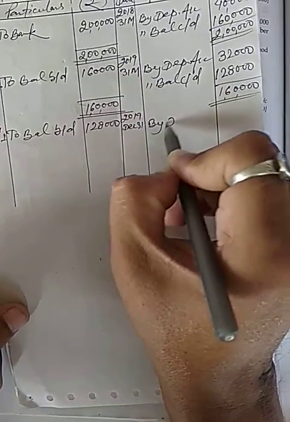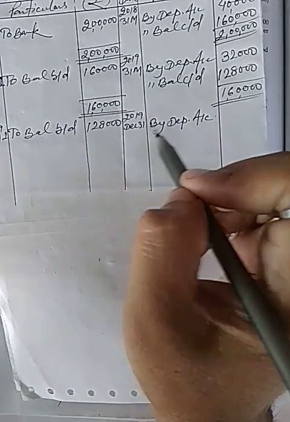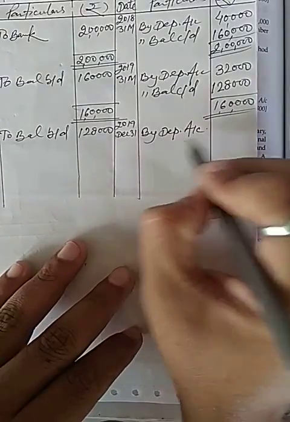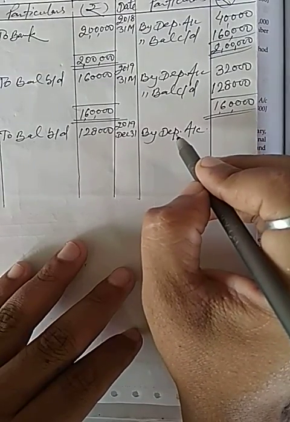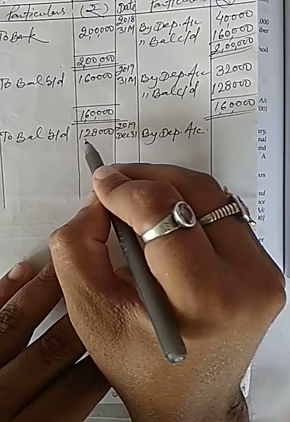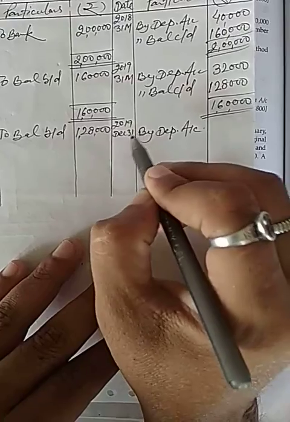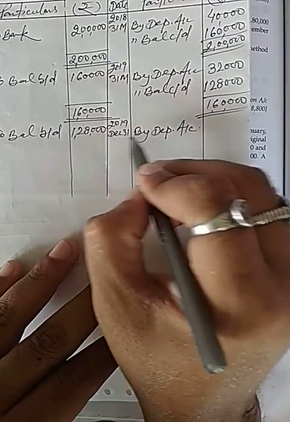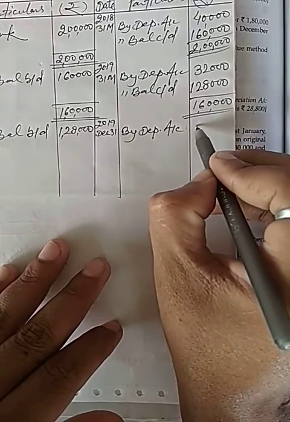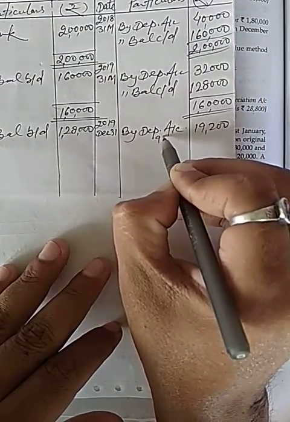So by depreciation account, for one year it will be 20% of 1,28,000, but we have to calculate depreciation for 9 months only. So it will be 19,200 for 9 months.